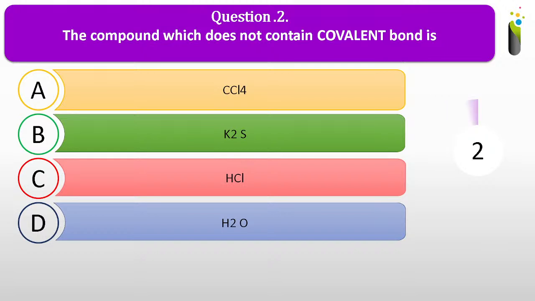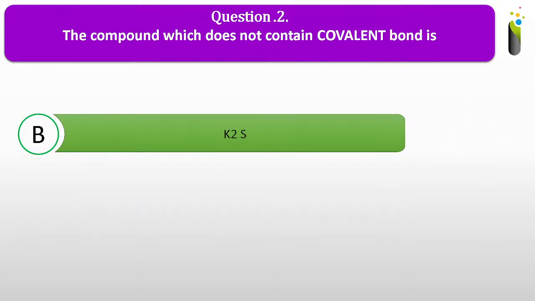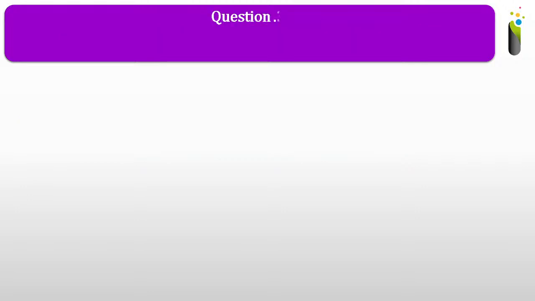And the correct answer for this question is K2S, that is B. So the compound which does not contain covalent bond is K2S.